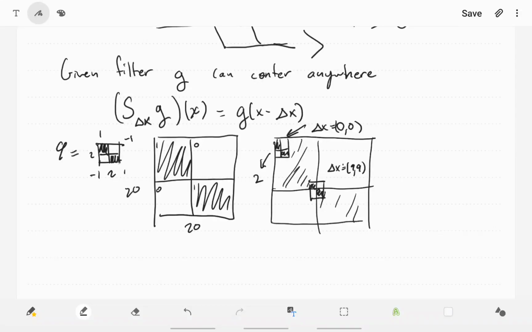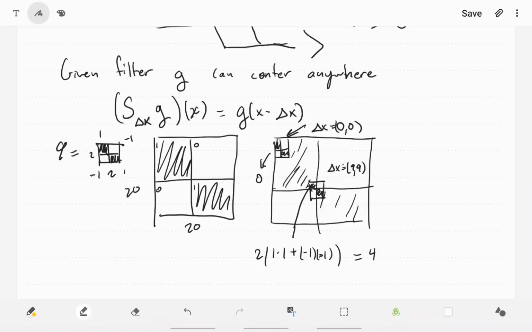Let's make it 1, 1 in the black and -1, -1 in the white there. Then this inner product would be 0 in this first location. In the second location, this value here would give you 1 times 1, plus the next pixels would be -1 times -1, in the white pixels, because they overlap with white. And then 2 times this, and this is going to be equal to 4.